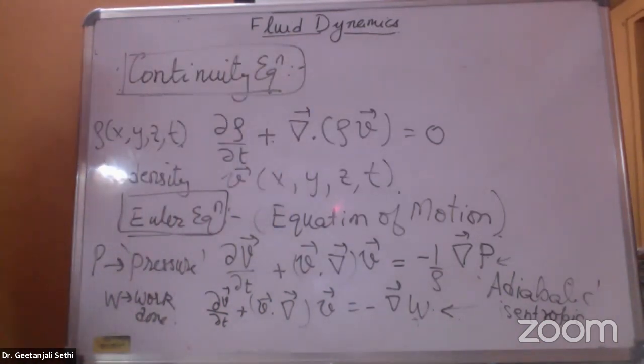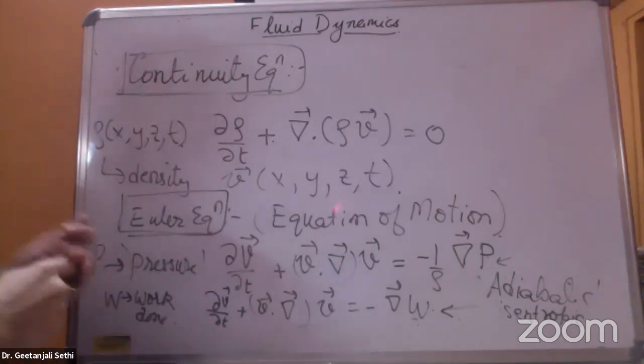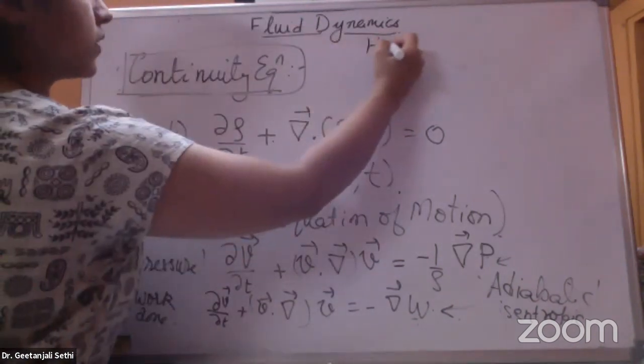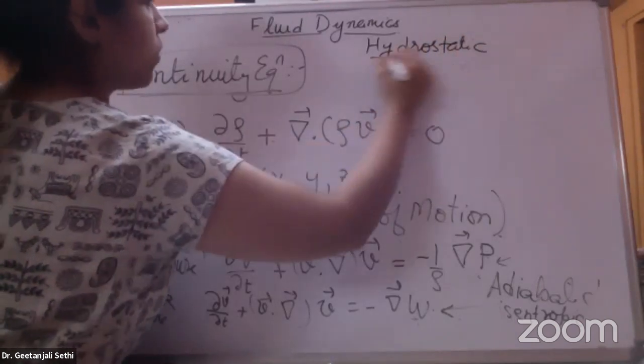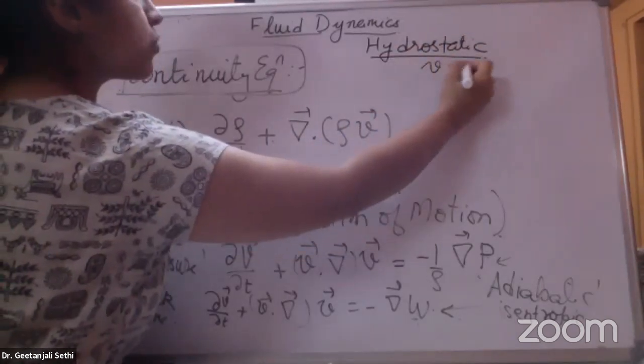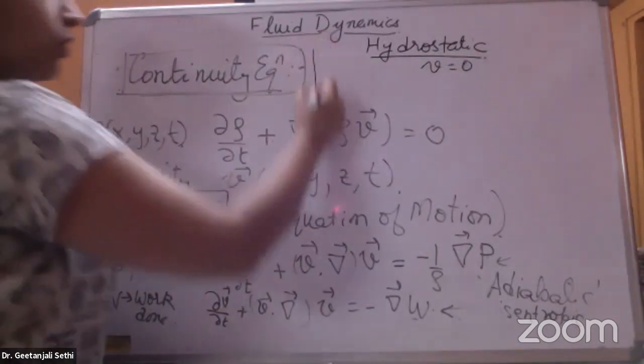that we had yesterday. And then we had solved the Euler equation for a particular case. That particular case for which we had solved the Euler equation was a case of hydrostatic system. And we saw what do we mean by a hydrostatic system is a system for which velocity is 0.